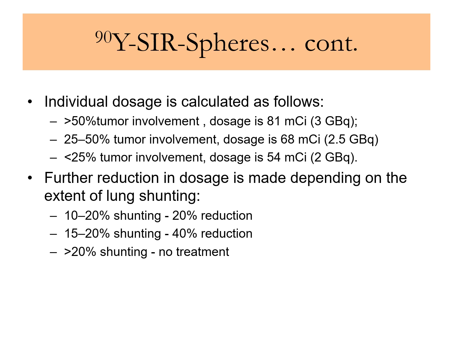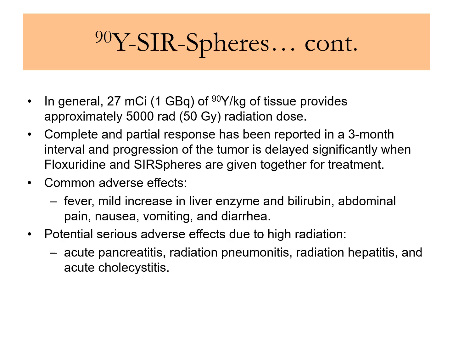So 10 to 20% shunting, we need to reduce the dose, 15 to 20%, 40% reduction. If it is more than 20% shunting, we shouldn't proceed with the treatment. So in general, 27 millicurie provides approximately 50 gray radiation dose.